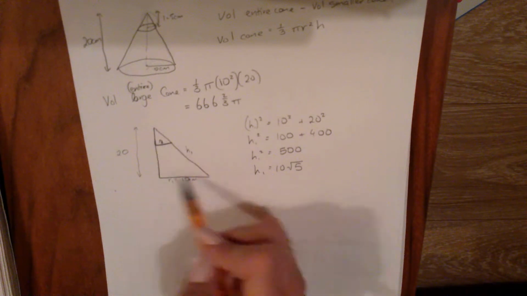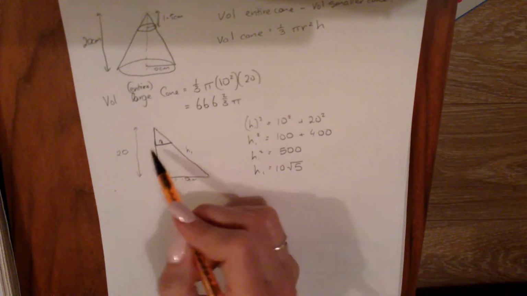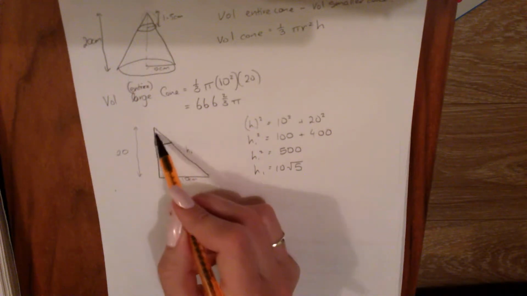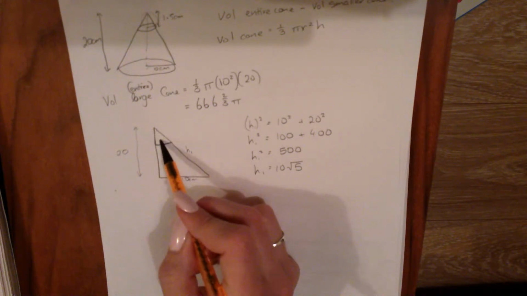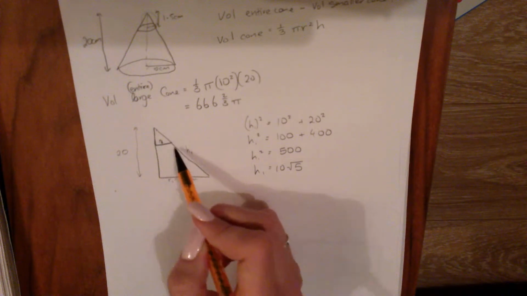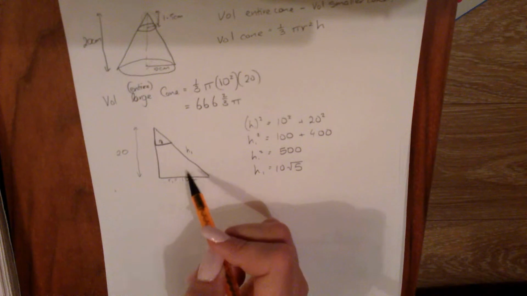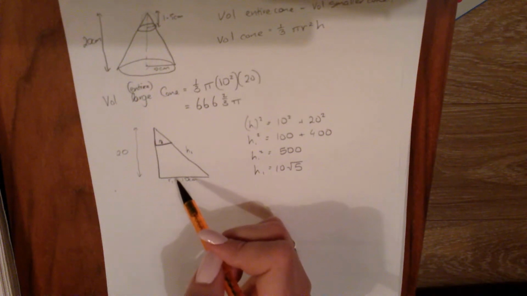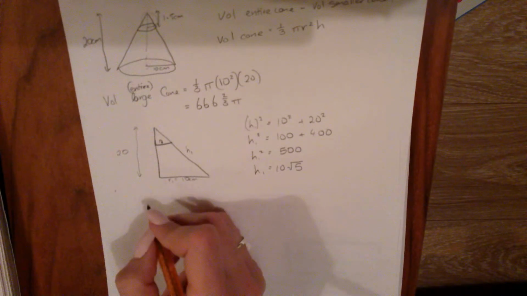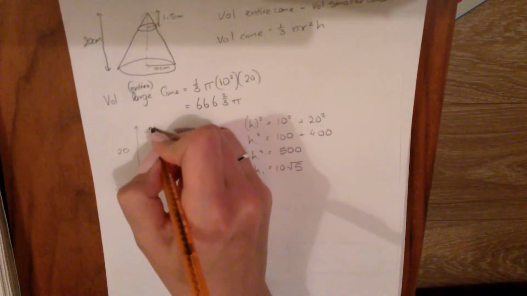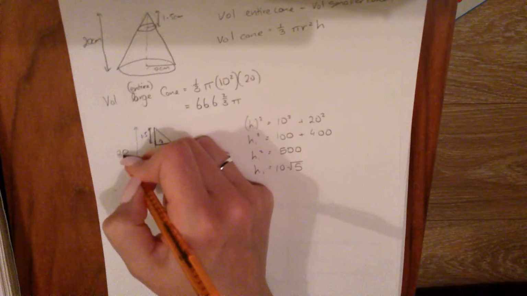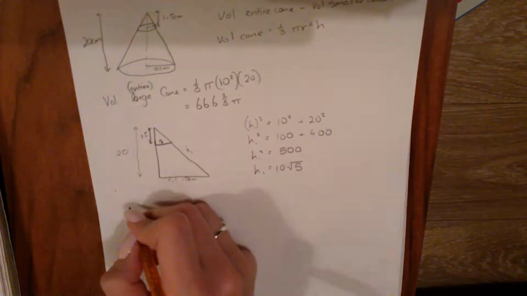Now, these triangles have a special relationship, because they're based on the same triangle. This is just a smaller version of this. Each of the sides measure at a certain ratio to each other. So what we can do is take our two things that we know. We know the entire height is 20 and that the smaller height is 1.5.